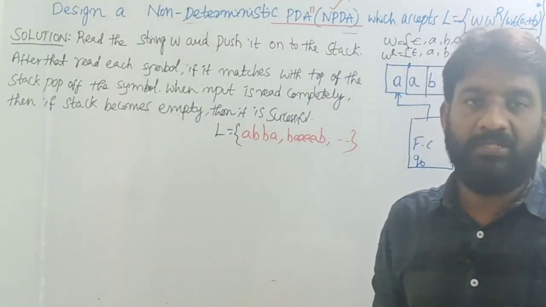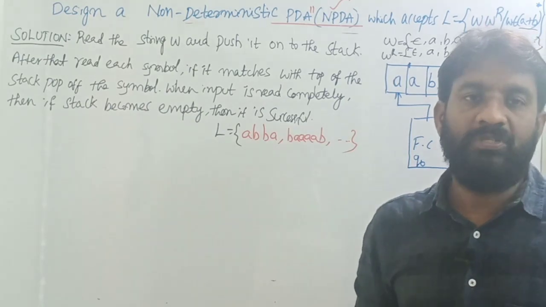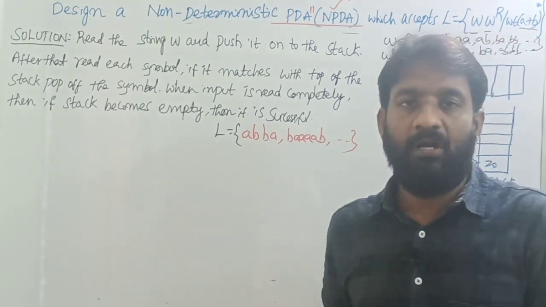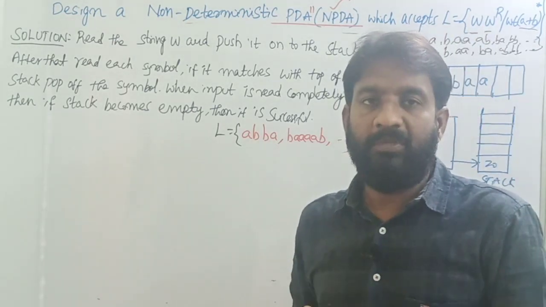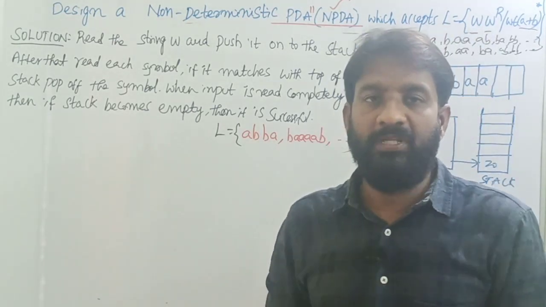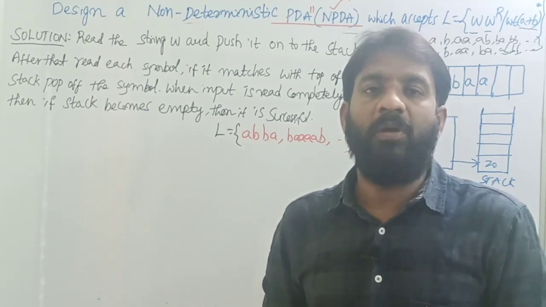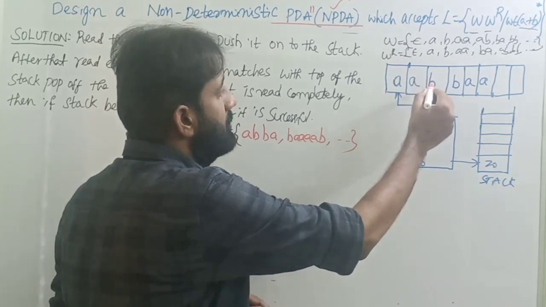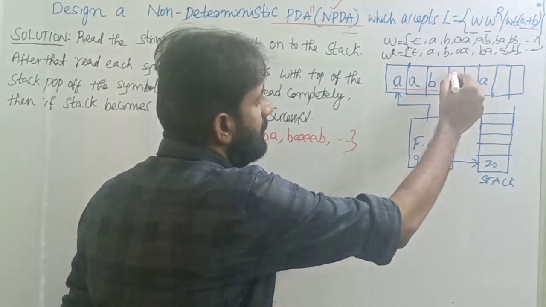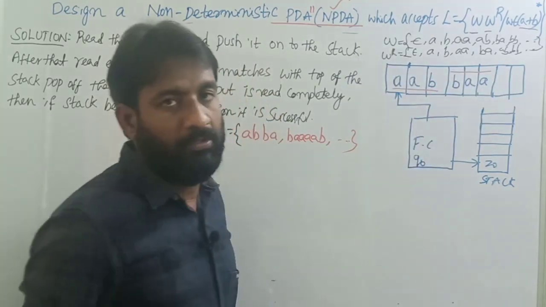The logic behind it is, first read all input symbols, either A's or B's, onto the stack. Then compare: if the top of the stack and the next input symbol are the same, do the pop operation. First analyze the logic. Initial state is Q0. Let's assume this is the string and it is WR.